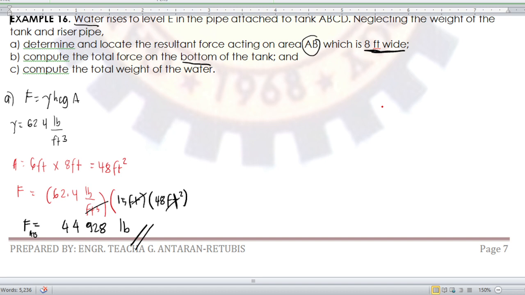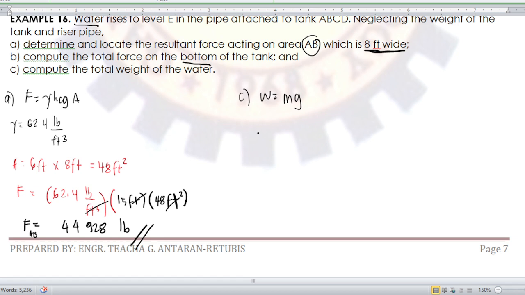Total weight, class, as we know, can be solved by multiplying mass times acceleration due to gravity. But we don't have the mass of our water. So therefore, how are we going to solve this?